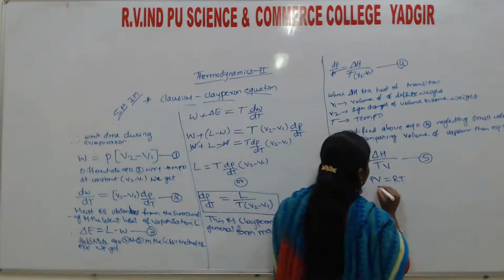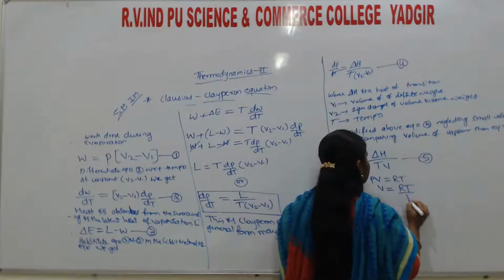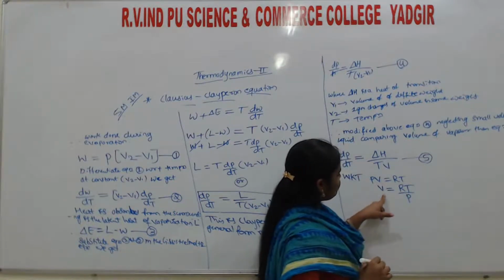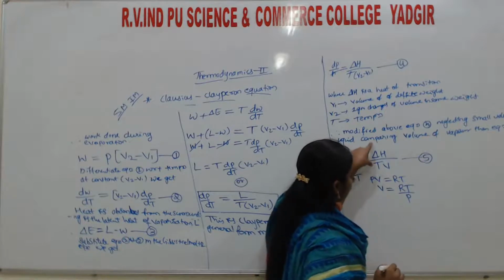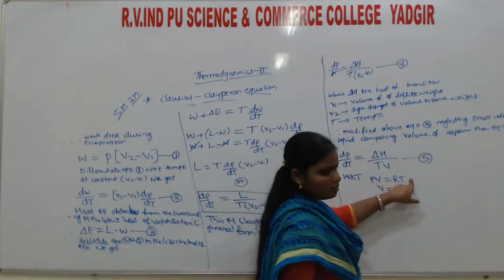Here you take V is equal to RT divided by P, and you substitute the V value in the above equation. Here PV is equal to RT, where R is the gas constant.